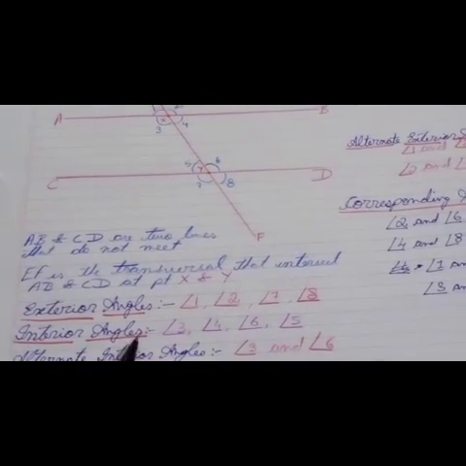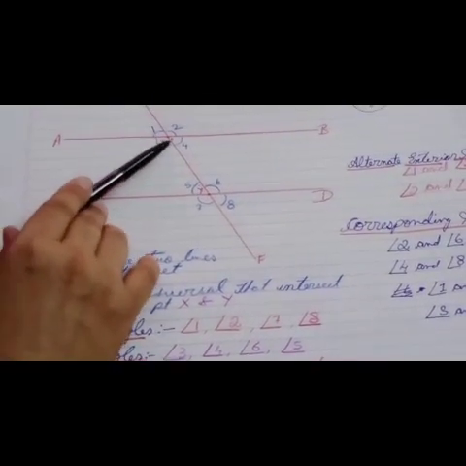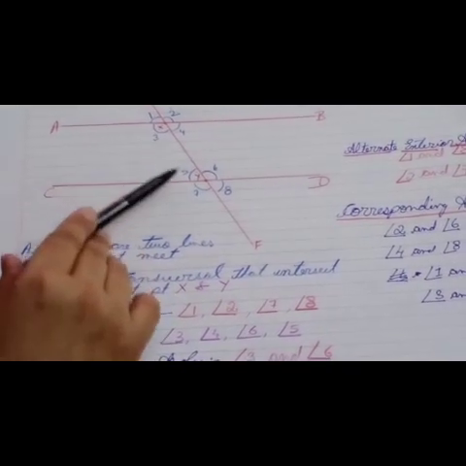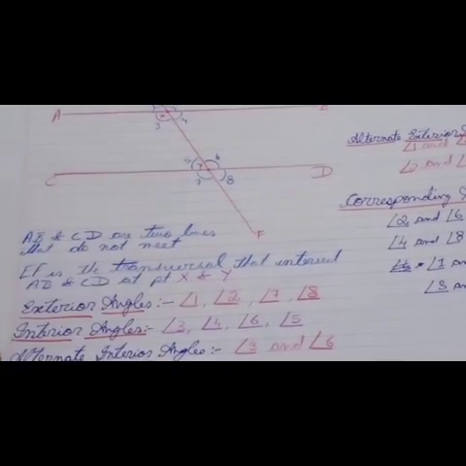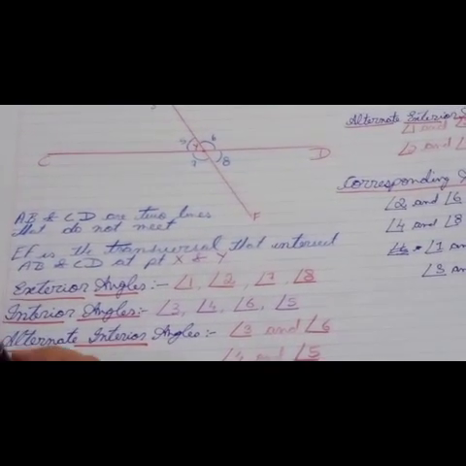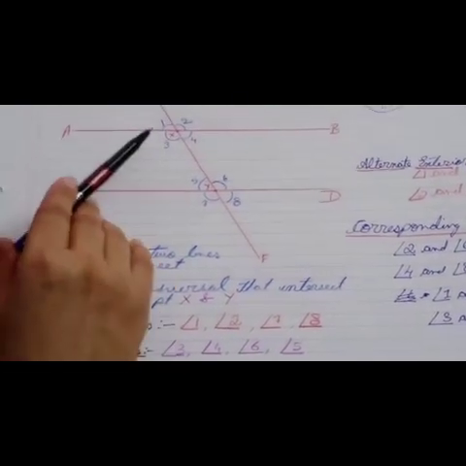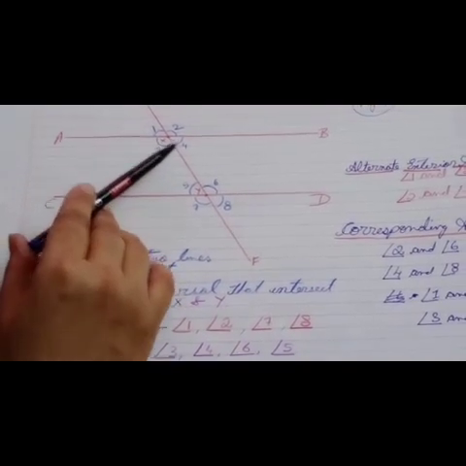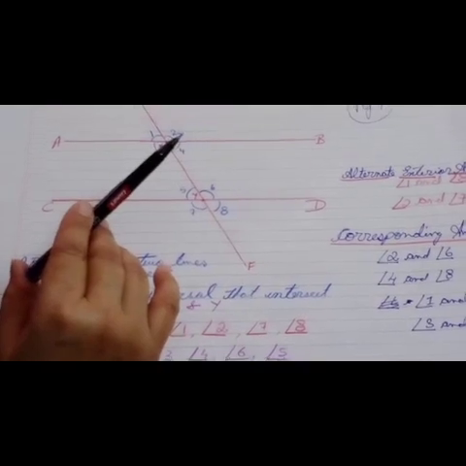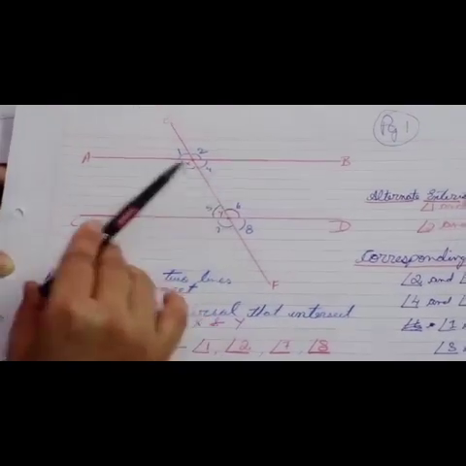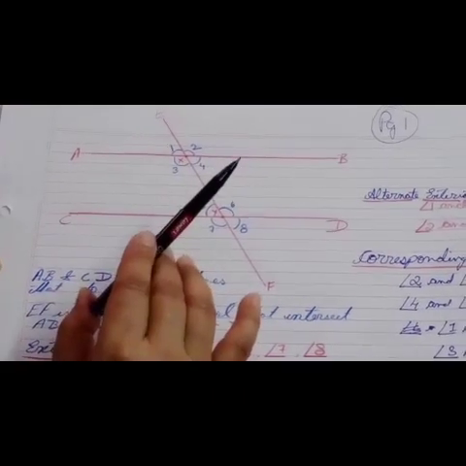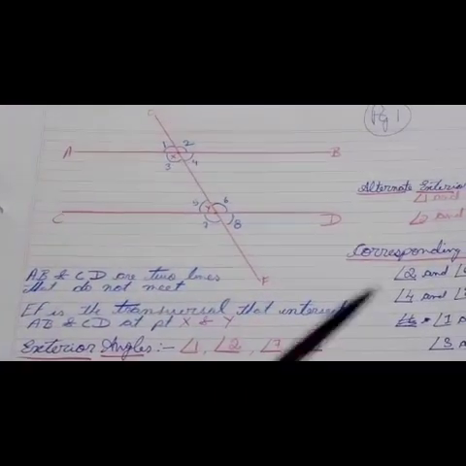Okay, interior angles. So angle 3, angle 4, angle 5, angle 6 are all interior angles. Now what are alternate interior angles? Children, alternate interior angles means something interior but alternate. They do not form a linear pair, that means the sum of those angles does not equal 180 degrees.